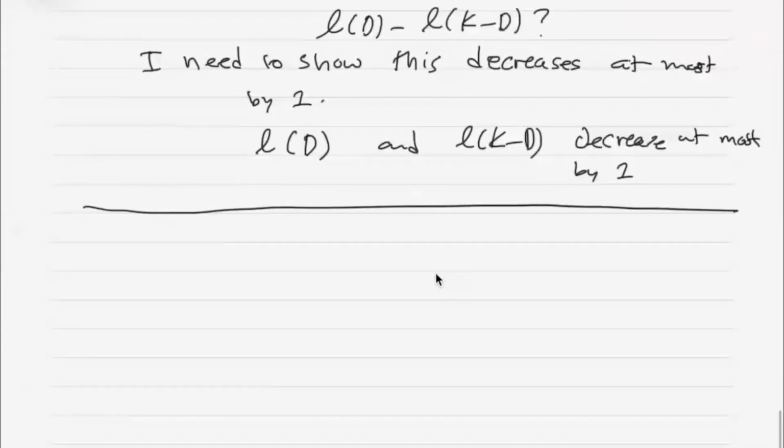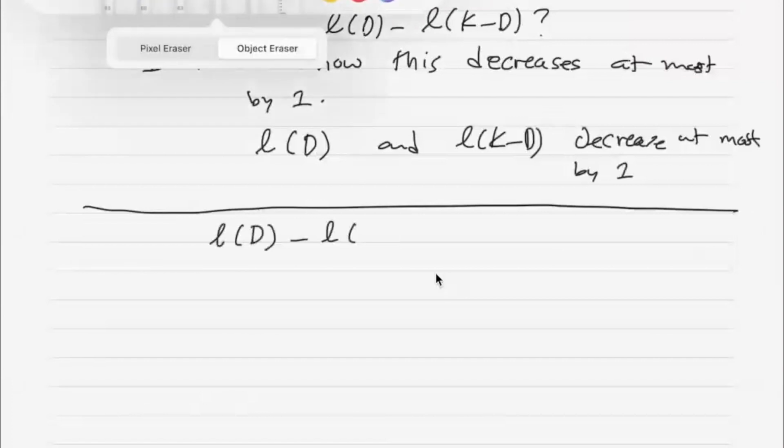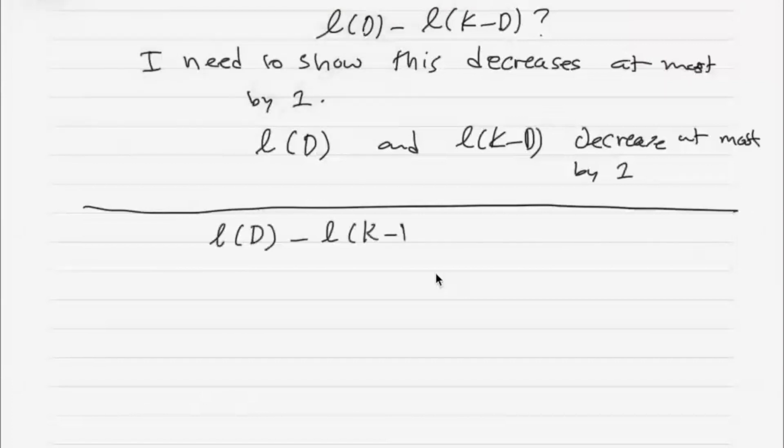Okay, so I want to say L of D minus L of K minus D is bigger than or equal to L of D plus P minus L of K minus D minus P minus 1.